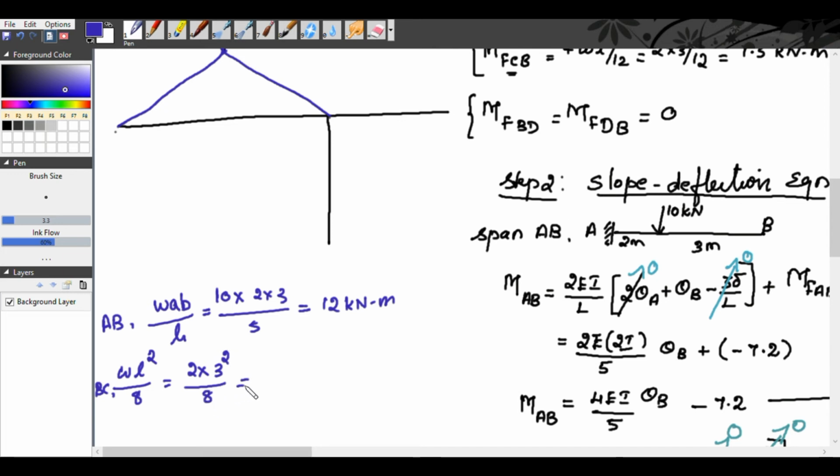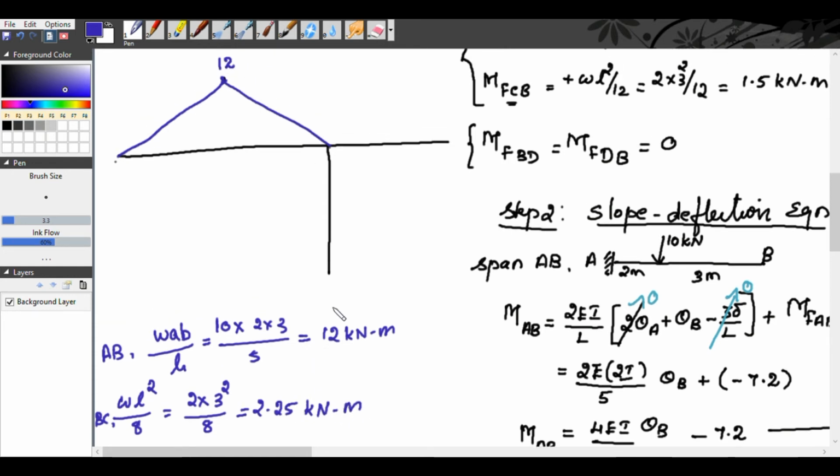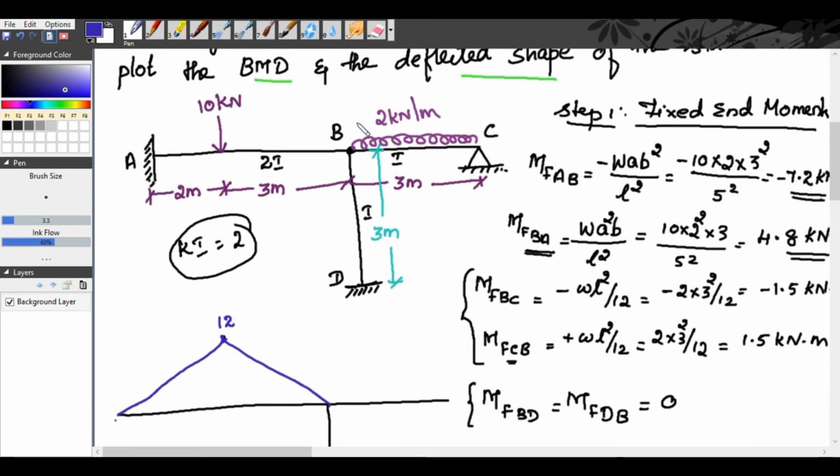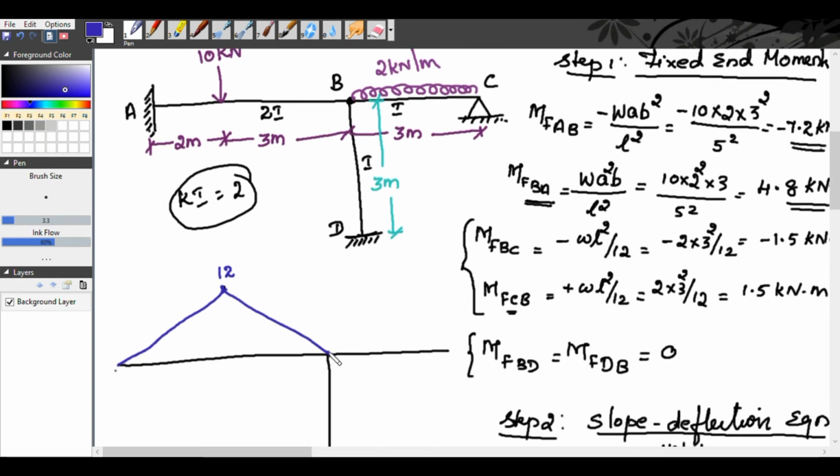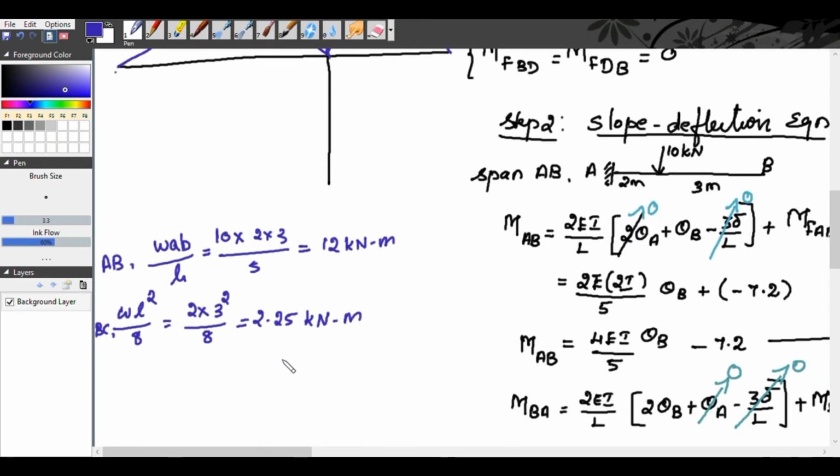We get 2.25 kilonewton meter. Because there is a UDL in the span BC, our simple bending moment diagram will be a parabola, and the value is 2.25.